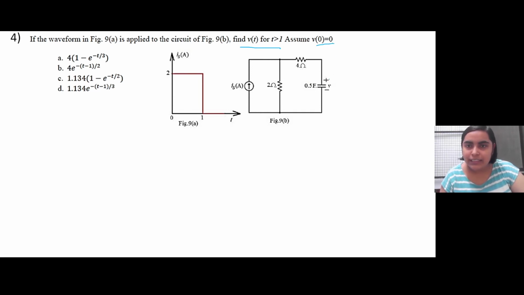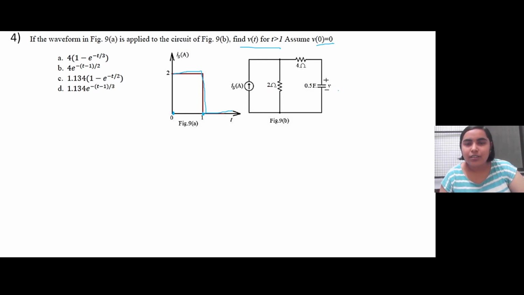That is, initially in the steady state of the circuit there was no voltage stored in this particular capacitor. So here we see that between time 0 to 1 second, a 2 ampere pulse was given to this circuit, and then it is again 0.